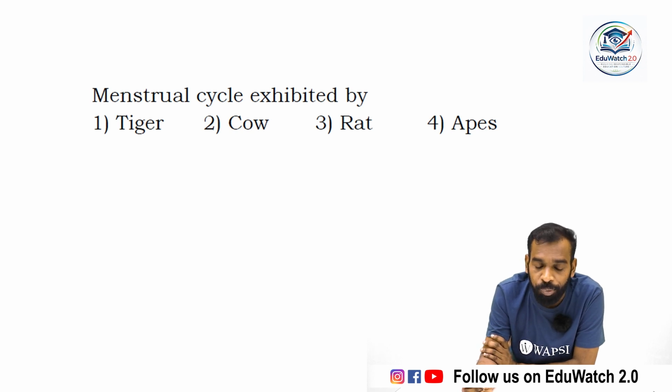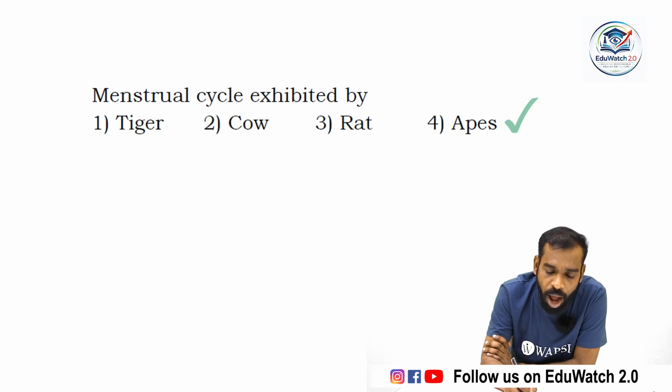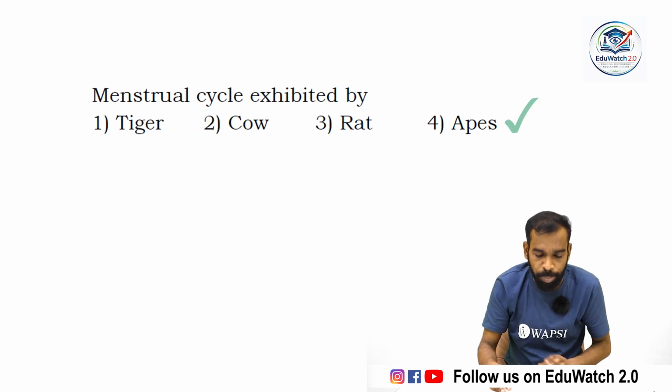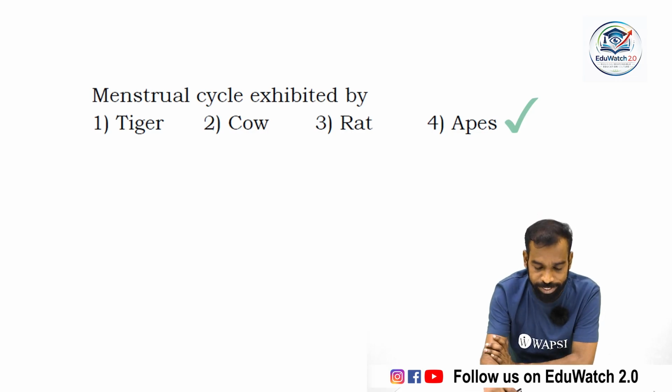Menstrual cycle is exhibited by all; they all belong to class Mammalia. All options are female tiger, female cow, female rat and female primates. They all have that particular process, menstruation. My dear students, move to next question.